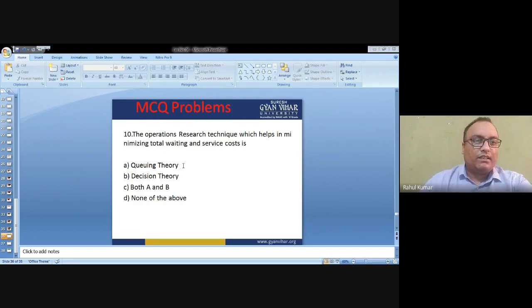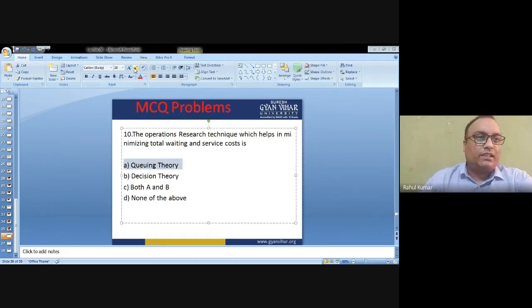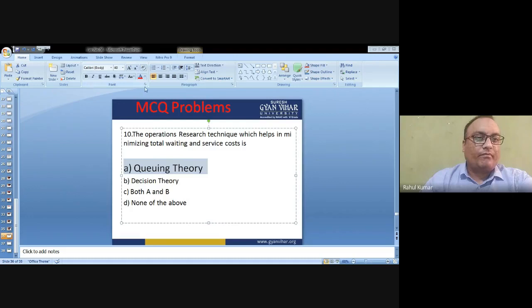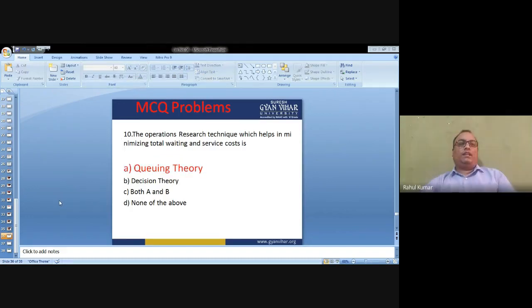What is this? The options are queuing theory, decision theory, both A and B, and none of the above. The correct answer for the question is queuing theory, right? Queuing theory is the correct answer.